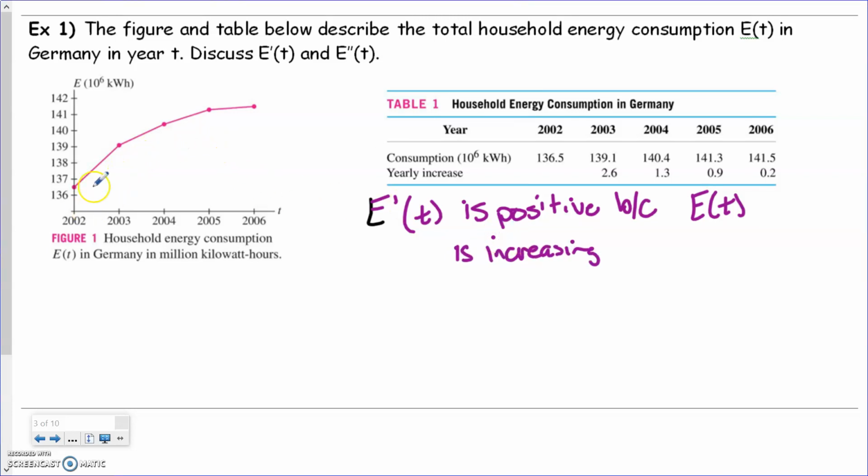Okay, so if the function is increasing, that means the rate of change is positive. So our slopes are all positive. Now, if you look at the steepness here and how steep this is, it's getting less and less steep. So that means our E prime is decreasing because it's getting less and less steep.